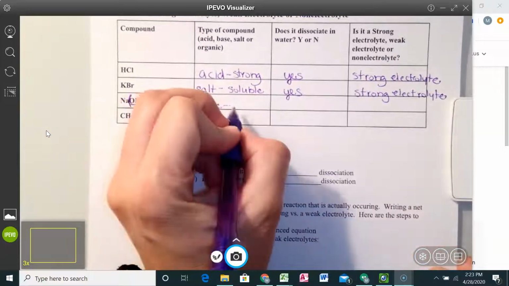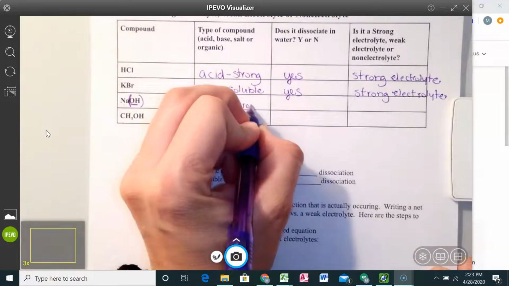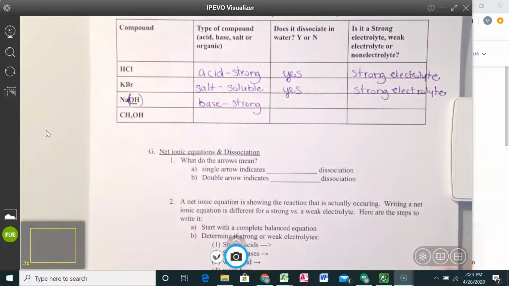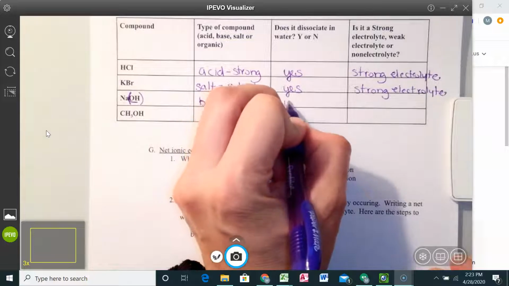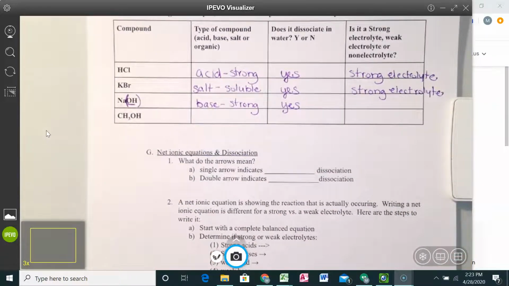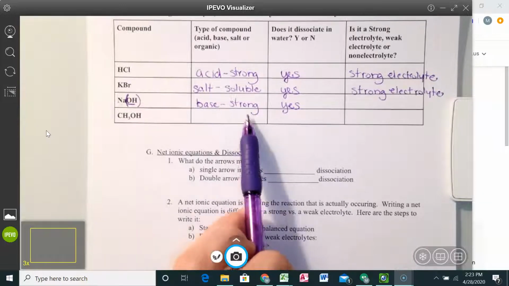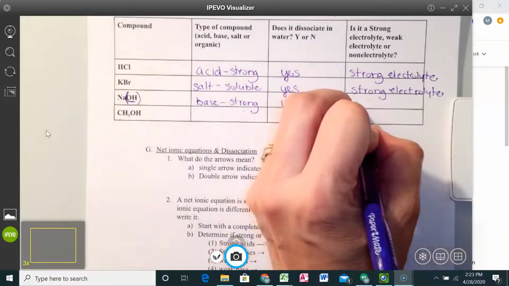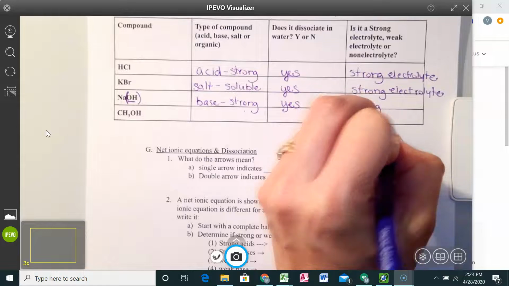So because it's listed as a strong base, just to give me a little bit more direction, we're going to write that it's strong. Will it dissociate? Absolutely. Even weak ones would dissociate, so let's write that it would. And then, is it going to be a strong electrolyte, a weak electrolyte, or a non? Well, because it's a strong base, it's going to be a strong electrolyte.